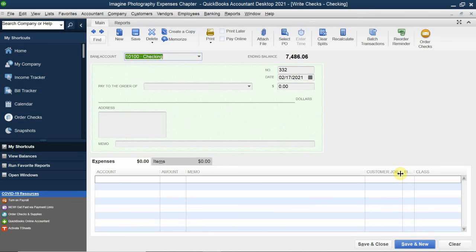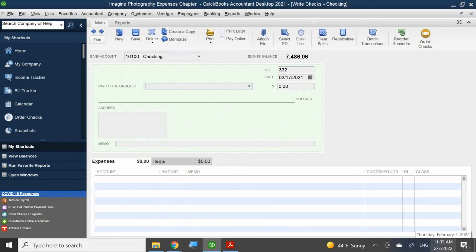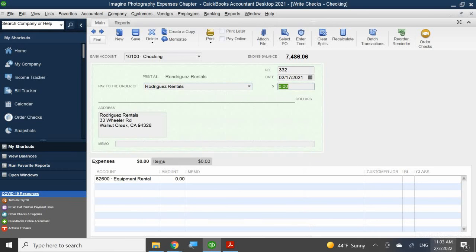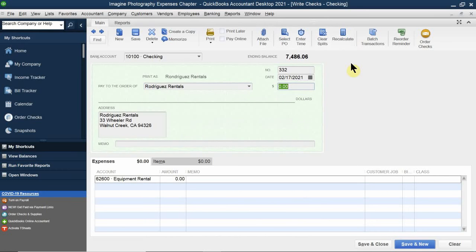And I'm going to make this for accounts payable, because this deposit is going to go towards my accounts payable, right? Because I'm going to be receiving a bill from Rodriguez Rentals. I'm expecting a bill from them.